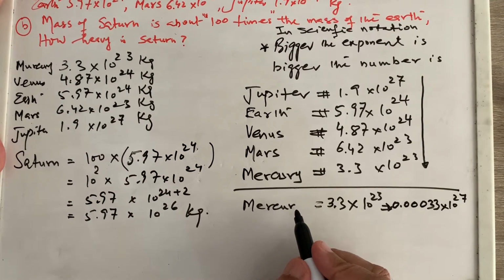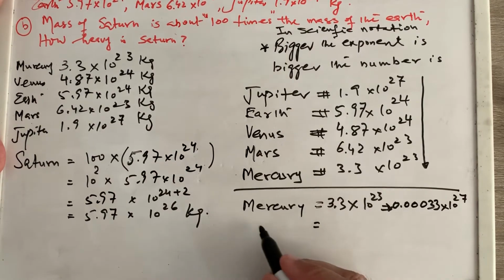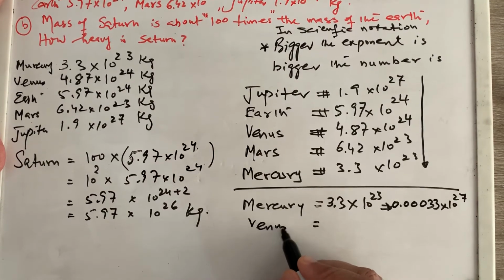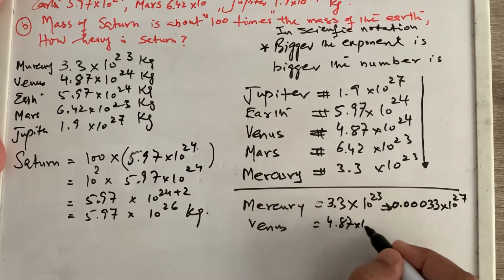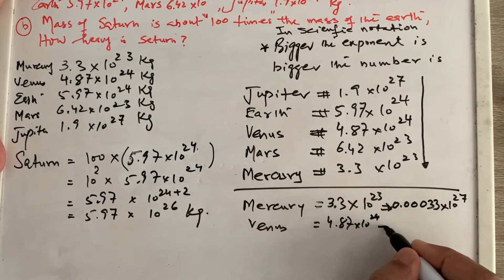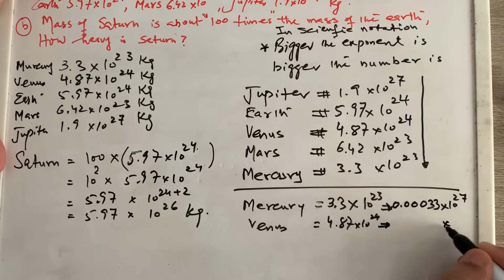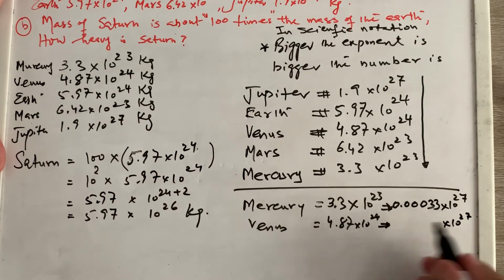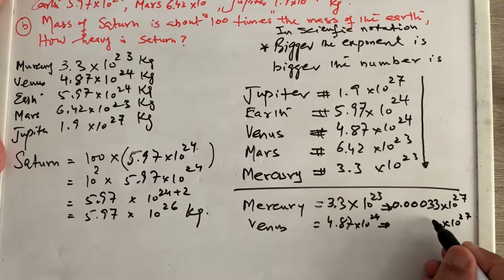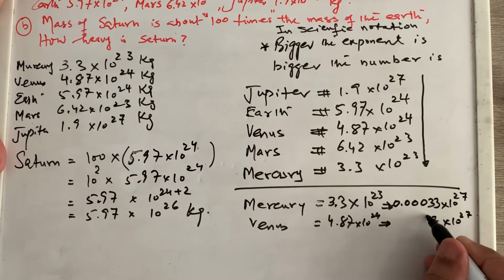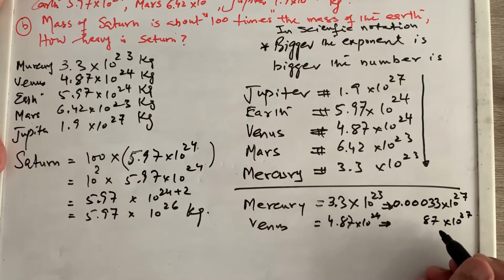Then the other one, Venus. Venus is 4.87 times 10 to the power 24. If I want to make it 27, I increase by 1000, 24 to 27, so I have to shift the decimal 1000 times away, 1 over 1000.